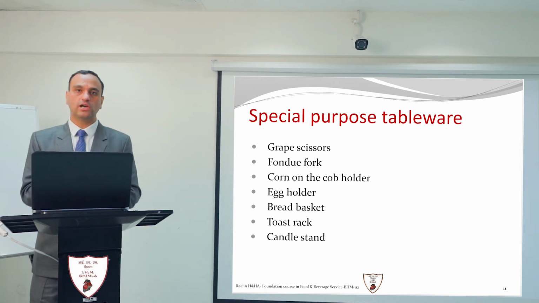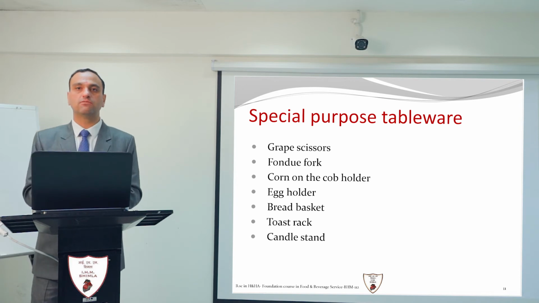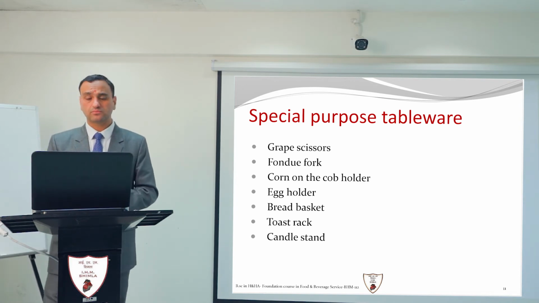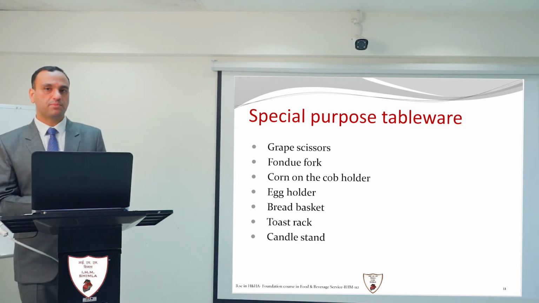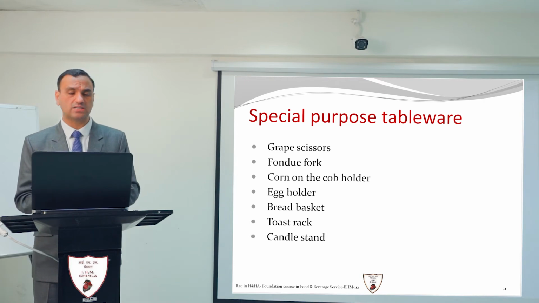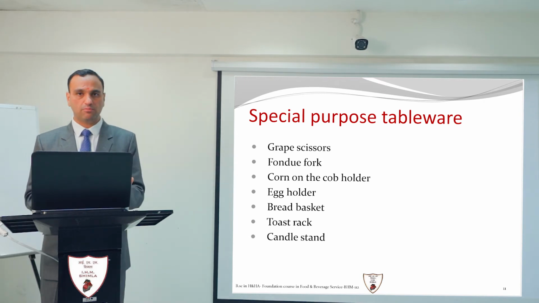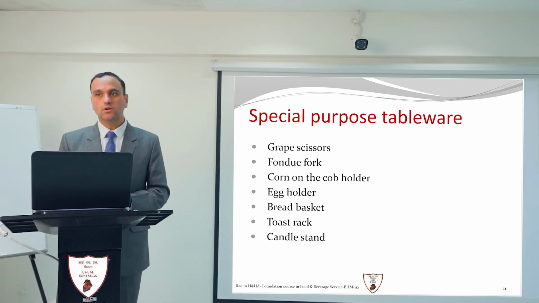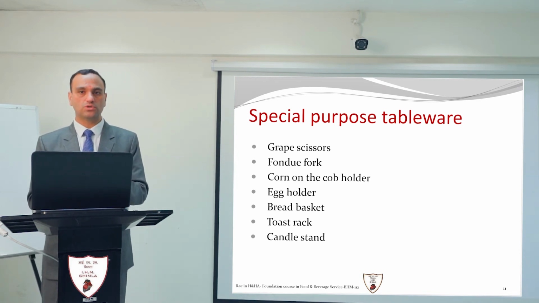Next is the egg holder, in which you can serve the boiled egg. So that is known as an egg holder. Next is the bread basket. A basket will be used for serving bread to the guest. It could be any kind of bread. All the breads will be served in a bread basket. Next is the toast rack. When the guest asks for toast of the bread, it can be served in a toast rack.